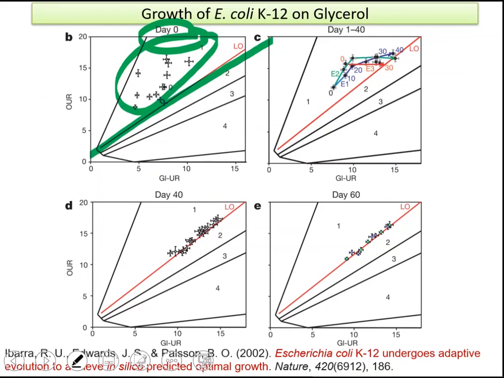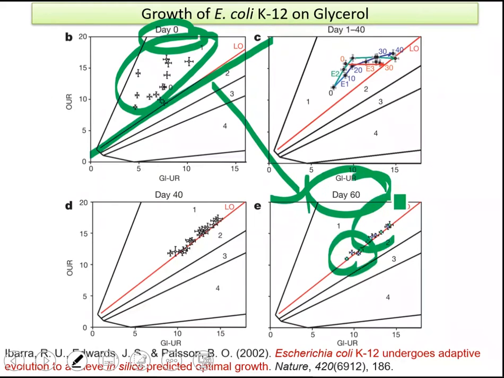They kept growing the organisms on glycerol, so they continued the experiment, and at day 60, all the replicates had a growth rate which was very perfectly predicted by flux balance analysis. So the message of this paper is this.